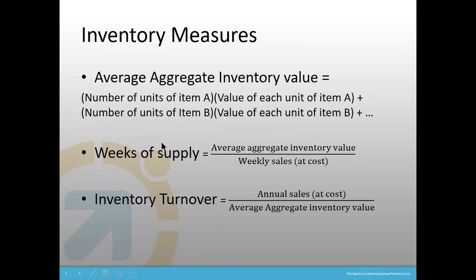So these two measures here are internationally the standard: weeks of supply and inventory turnover. We are not going through the formulas here, just to know that inventory is measurable. Do we have too much? If we have too much, we will have too much costs. We see that in a moment. And if we have too little, obviously we will run out of stock, which is also very expensive.